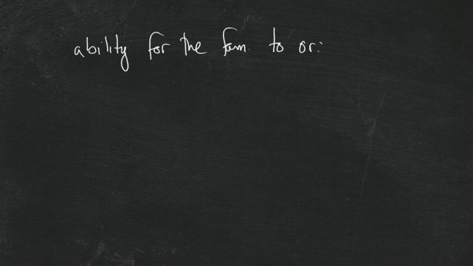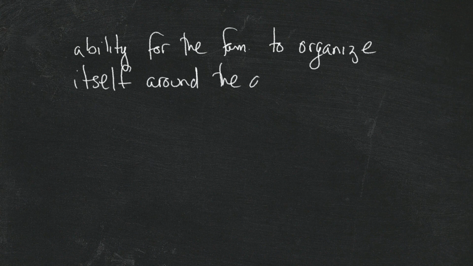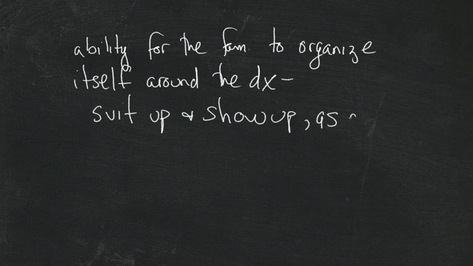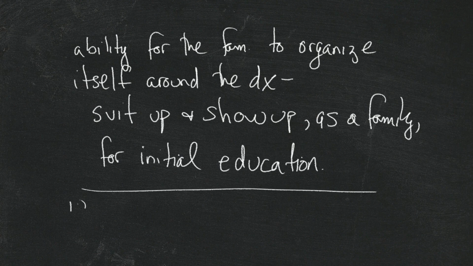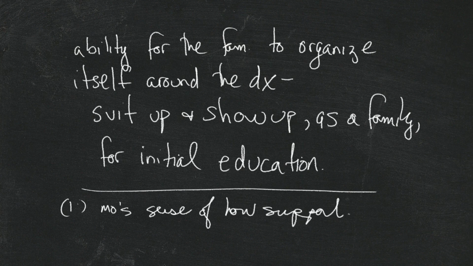The other thing that they found that was most correlated to a child's control was ability for the family to organize itself around the diagnosis and suit up and show up as a family for initial education about how to manage diabetes.